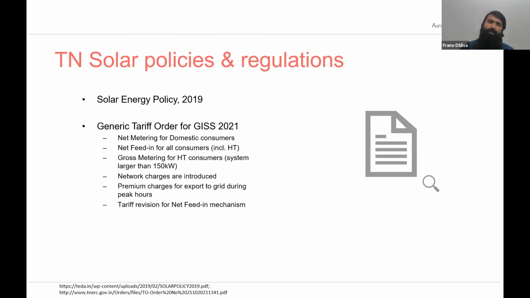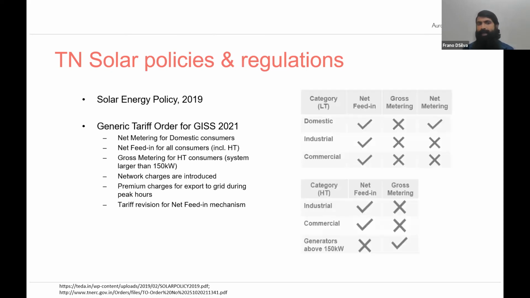In this order, the net metering mechanism was introduced for all domestic consumers, the net feed-in mechanism for all HT and LT consumers, while gross metering was introduced for HT consumers with systems larger than 150 kilowatt. The network charges were introduced in this generic tariff order. Also, the premium charges for export to grid during peak hours were introduced.